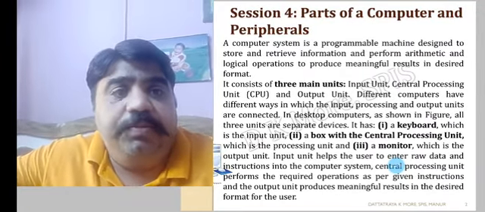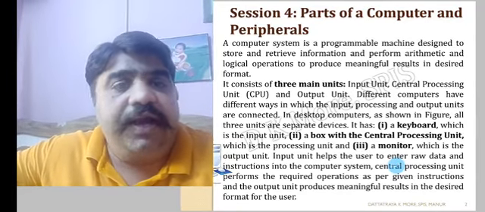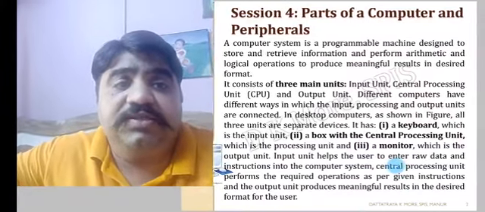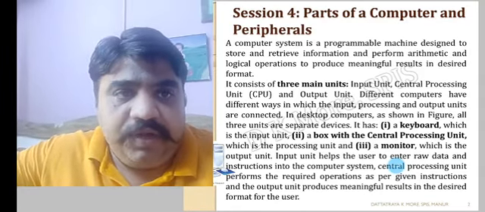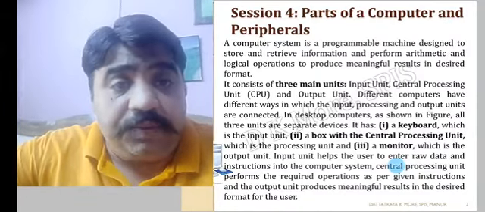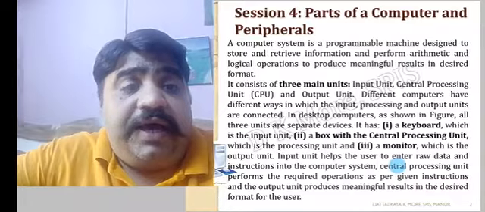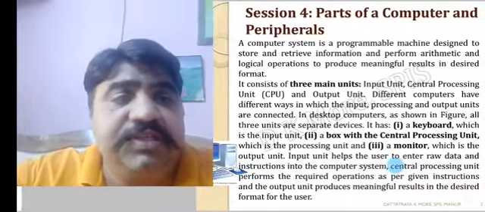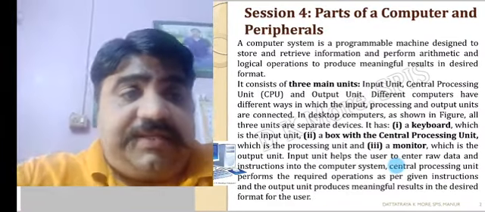It consists of three main units: input unit, central processing unit, that is CPU, and output unit. Different computers have different ways in which the input, processing and output units are connected. In desktop, which is called a personal computer, which is available in our computer lab, even at your home also, as shown in this figure, all these three units are separate devices.